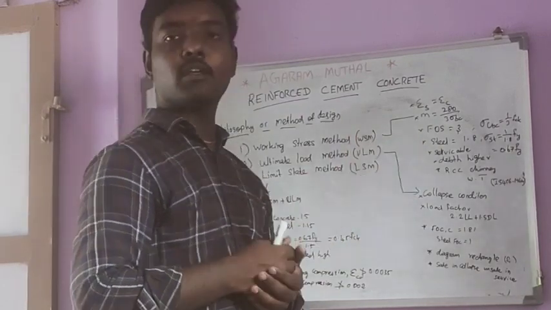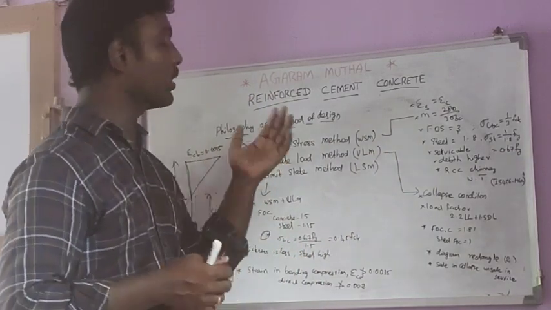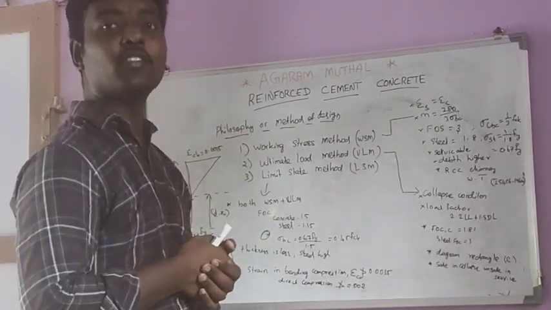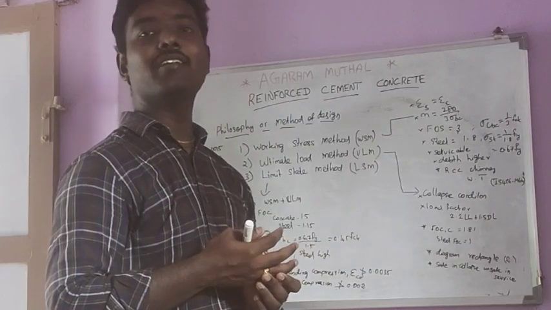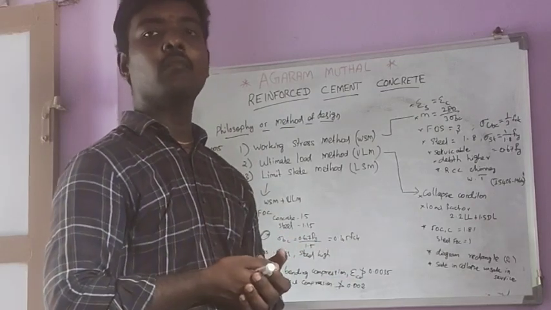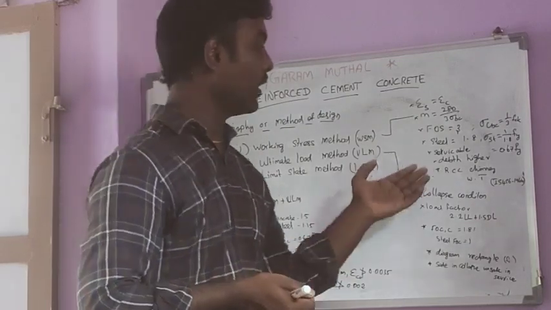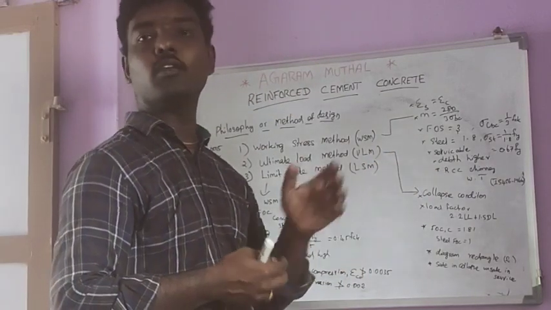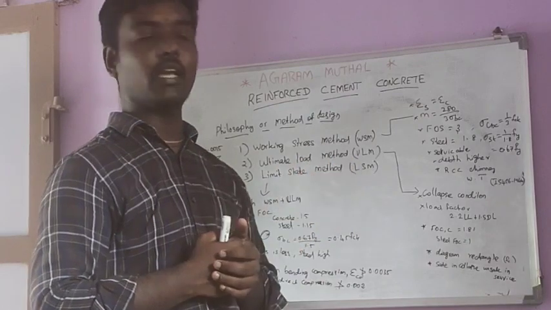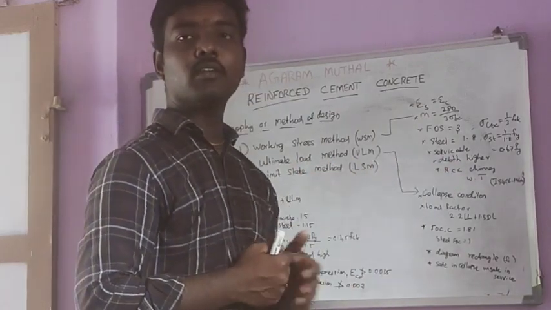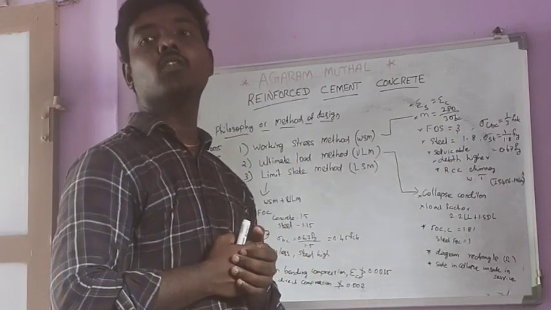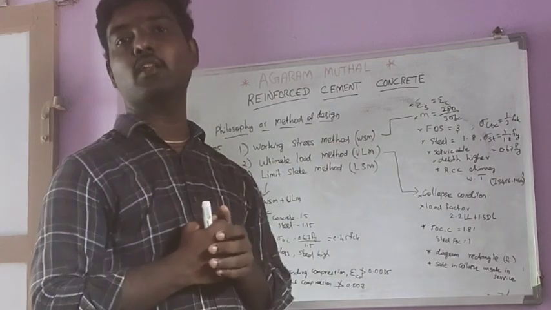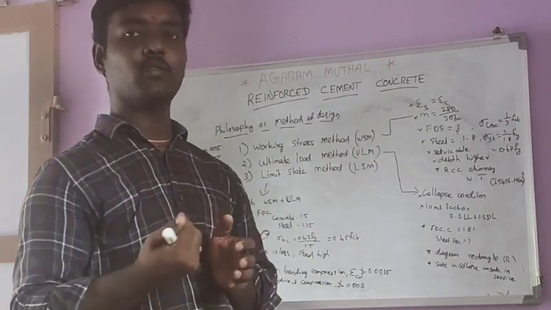And the depth: when designed with the working stress method, the depth of the structure becomes higher. This makes the design uneconomical. Some of the structures which are still designed by the working stress method are RCC chimneys and water tanks. So these kinds of structures we still design by the working stress method.